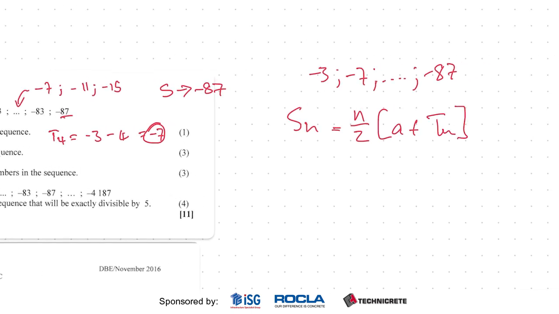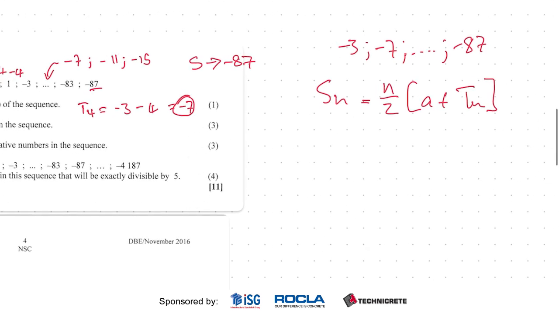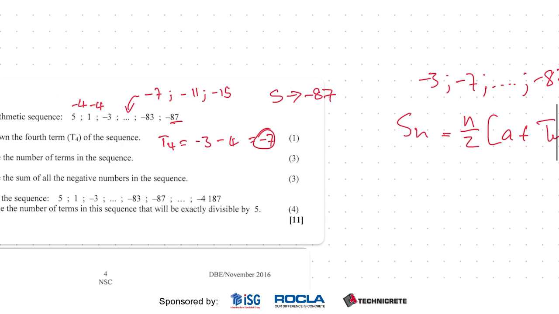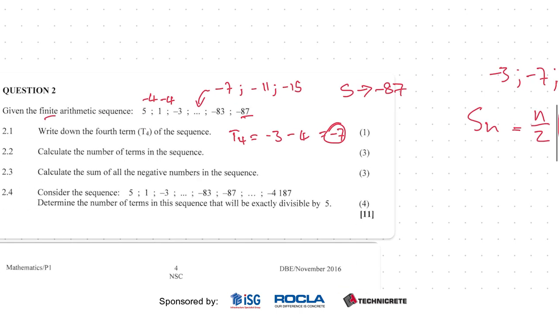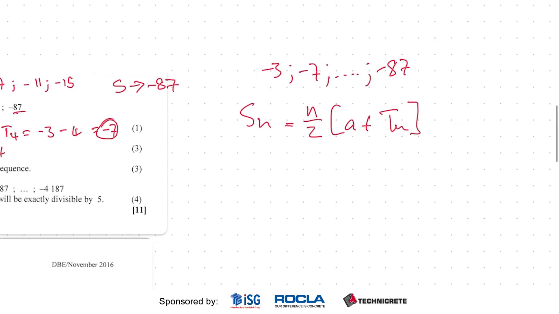Okay, so you need to realize that here we had said there are 24 terms, and we've removed 5 and 1. So now we have 22 terms. So this is the sum of 22 terms.